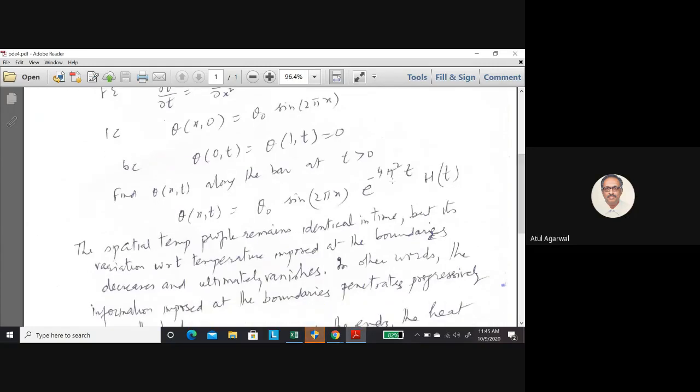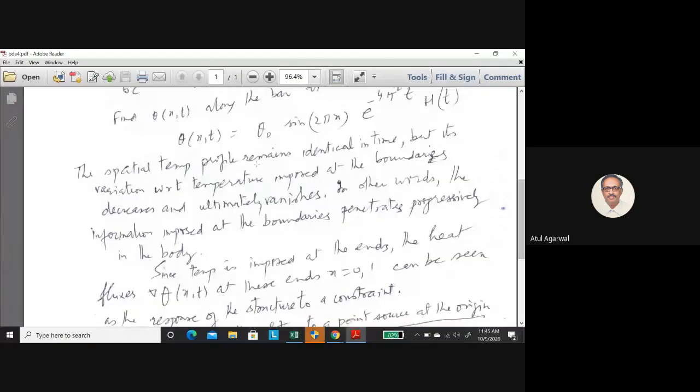This is the analytical solution for this. The spatial temperature profile remains identical in time, but its variation with respect to the temperature imposed at the boundaries is decreasing and ultimately vanishes. In other words, the information imposed at the boundaries penetrates progressively into the body.